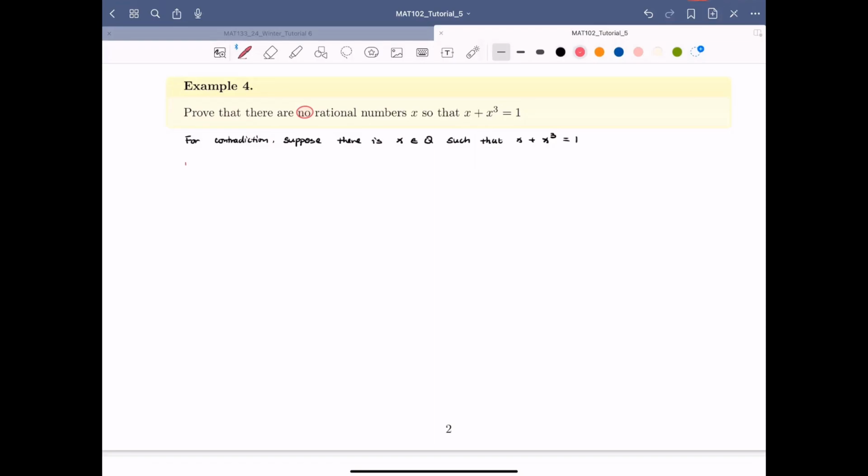The first important thing you learn is whenever you suppose something like this, we can rewrite x as follows.